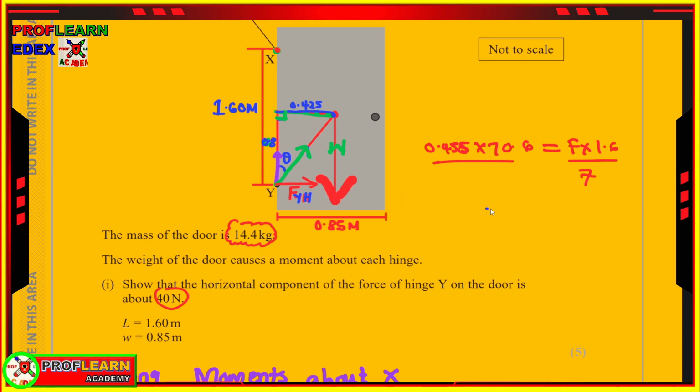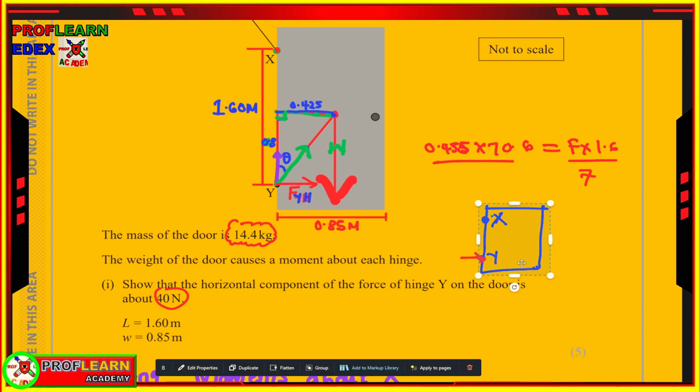Something I want you to remember: if this door is resting on this hinge, and this is Y, and this is X, this hinge is providing a horizontal force. So if by any chance the door is rotating about X like that, the force F is preventing it from experiencing a clockwise moment.